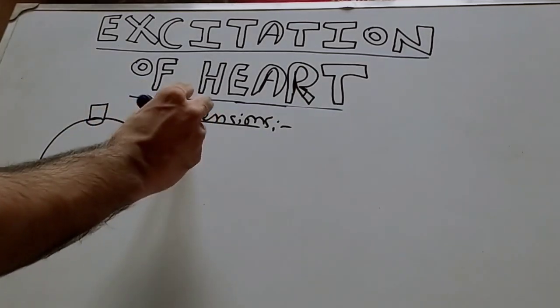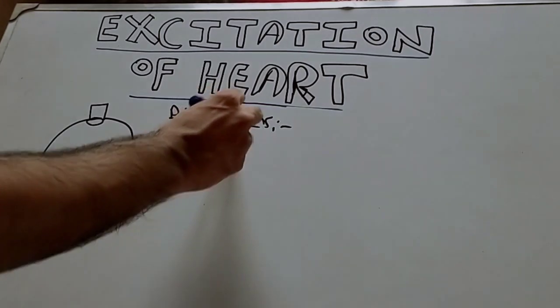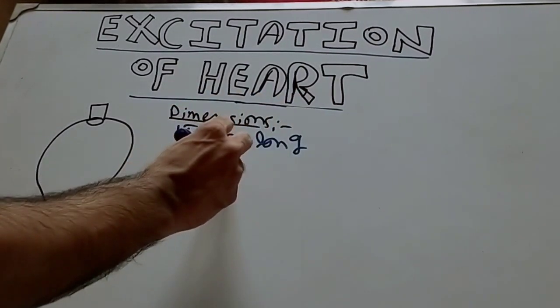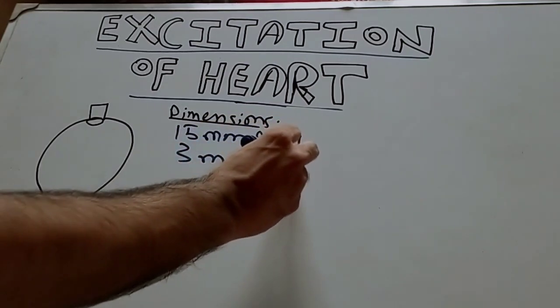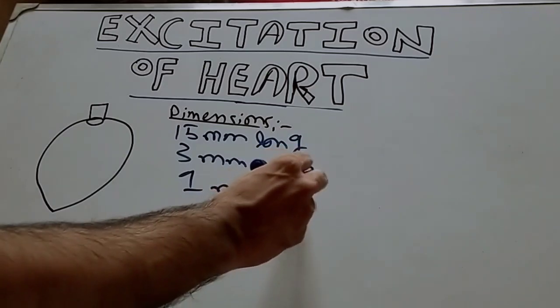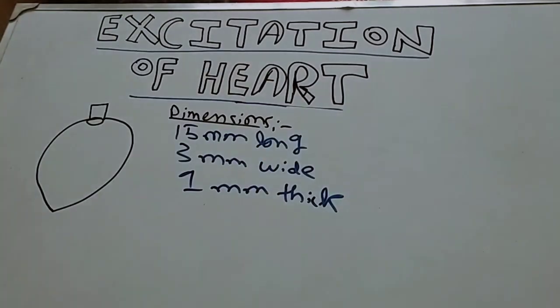So dimensions: 15 millimeter long, 3 millimeter wide, and 1 millimeter thick. These are the dimensions of the SA node.